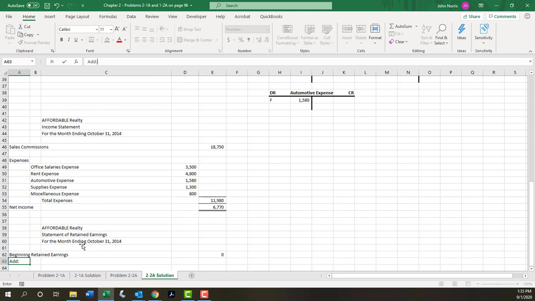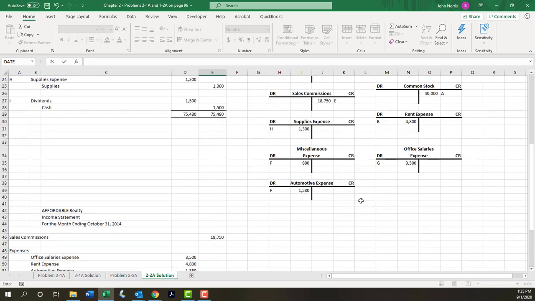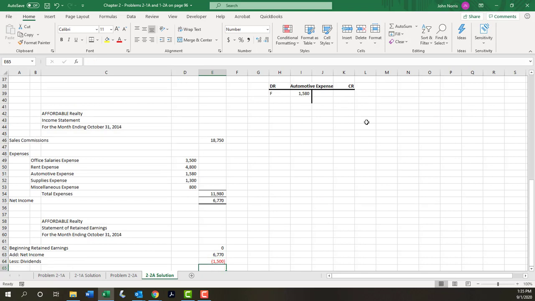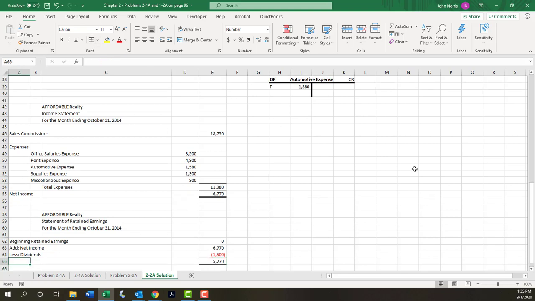To that, we're going to add net income, which we just calculated. Less the dividends. Giving us $5,270 in ending retained earnings.